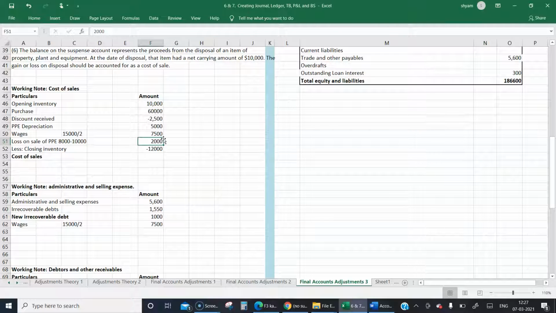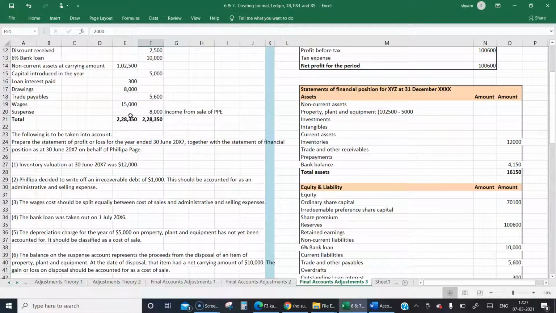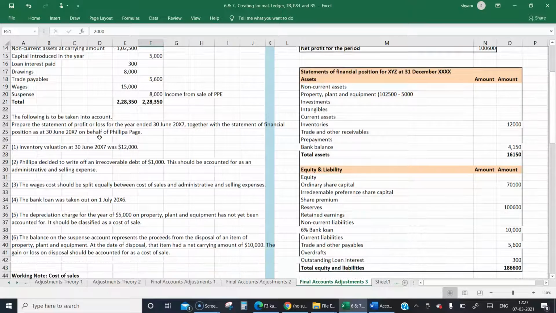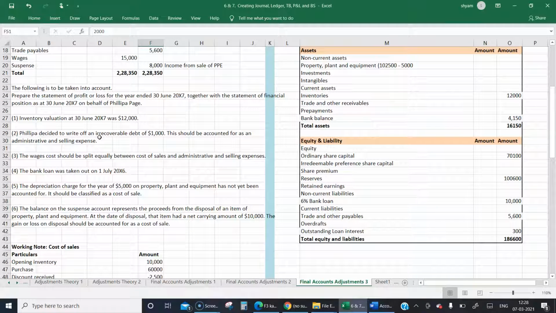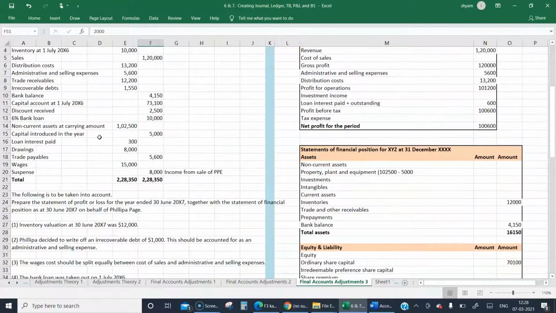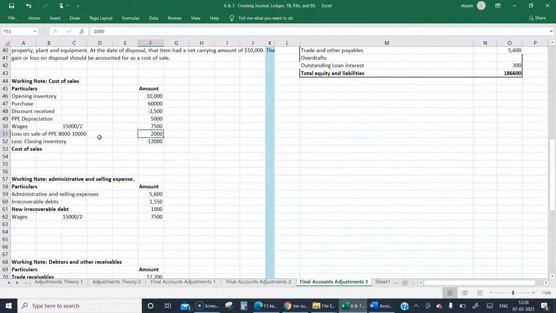So minus 10,000 and plus 2,000 comes to 8,000. So this number is properly accounted for. I think there are no other adjustments here, and we could close it. So we'll close it.